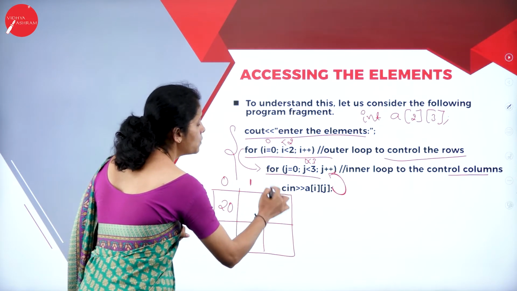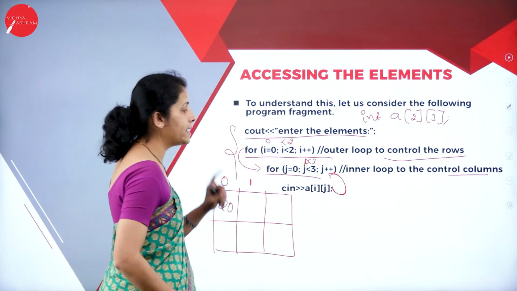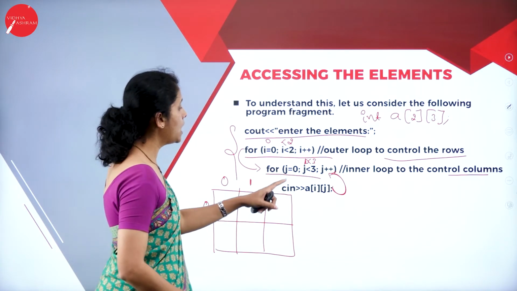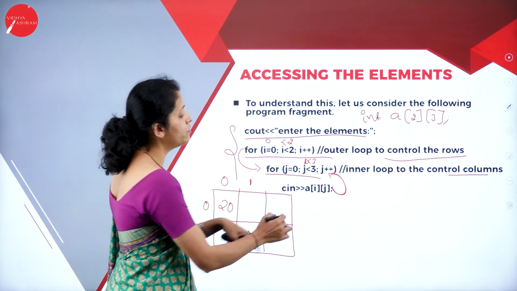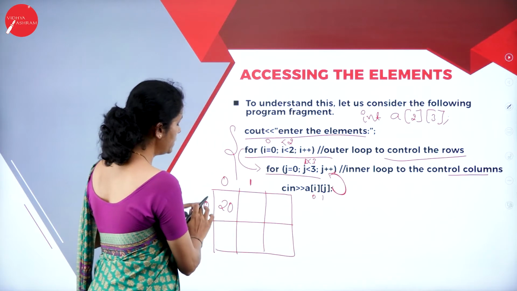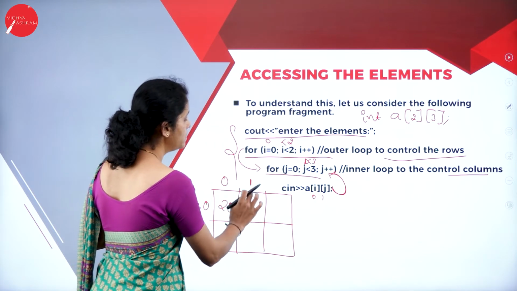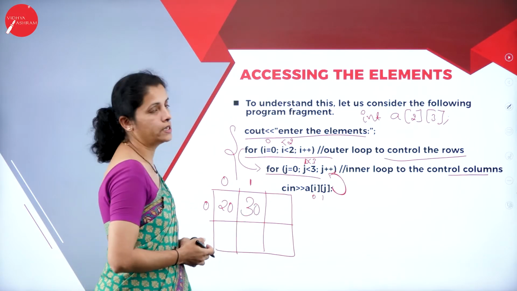Now I'm going to check here, 1 less than 3. It is true. Now I'm going to store the value in the place of 0,1. That is, I'm having the 0th row and first column. Here I'm going to store 30.